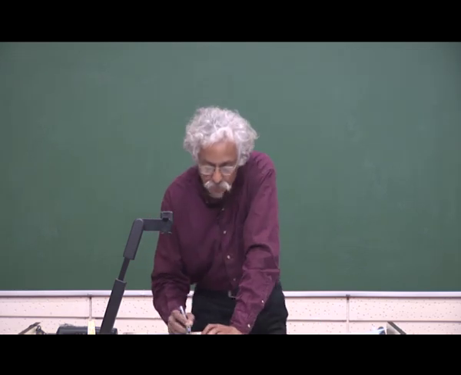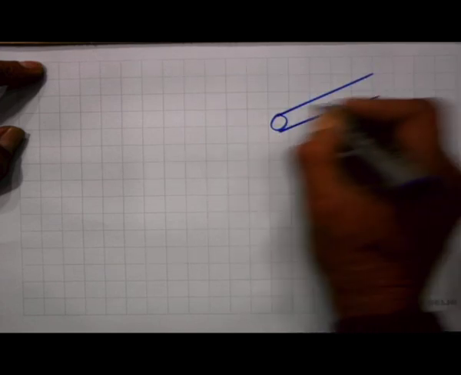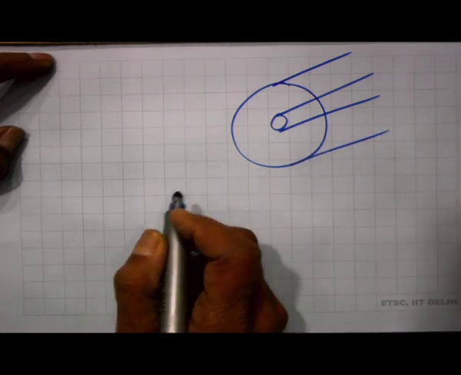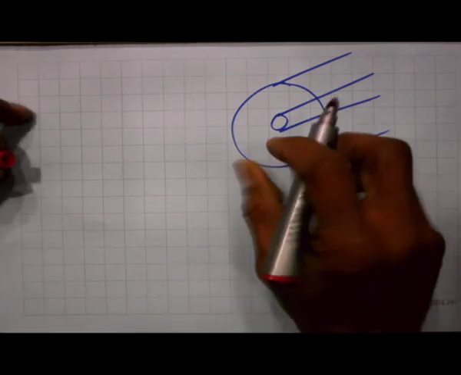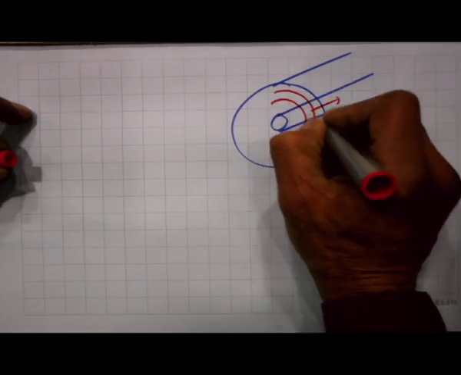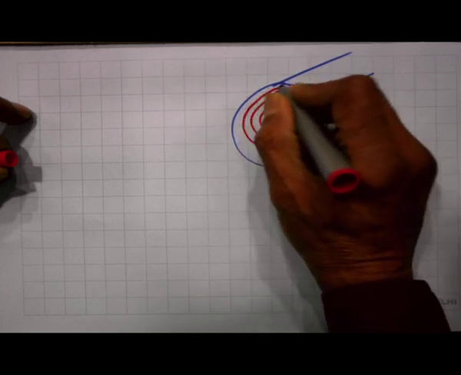So, for example, if these are my two conductors, now the magnetic field is going in the azimuthal direction. If the current is going like this, the magnetic field is going like this, it is circulating around the conductor.